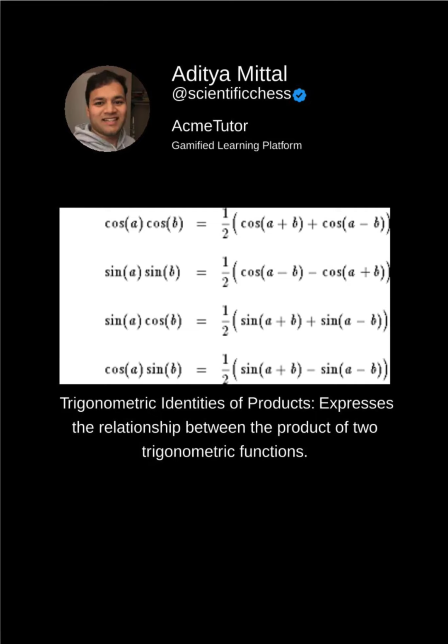So these are basically the reverse of the ones we did on the last slide, in a way, because this time on the right side we get sums of cosine of a plus b plus cosine of a minus b. For sine we get cosine of a minus b minus cosine of a plus b.